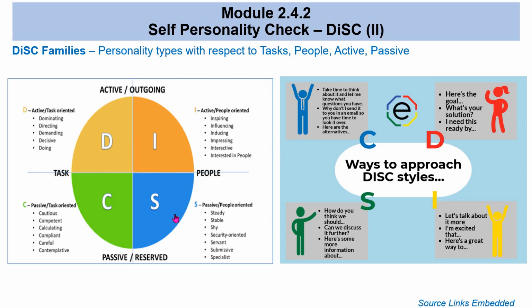And people who fall into the S part are more people-focused and also reserved. Depending on what the test outcome is for you, whether you're starting your leadership role or already in it, that helps a lot. As a leader, you can also use it to know how to approach people when you can sense where they belong.